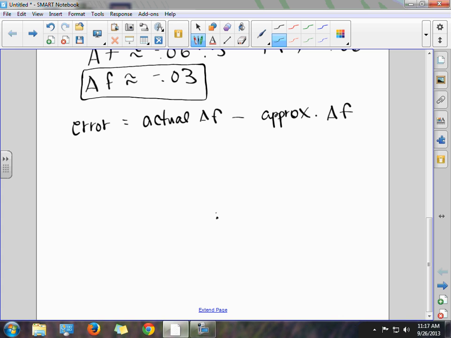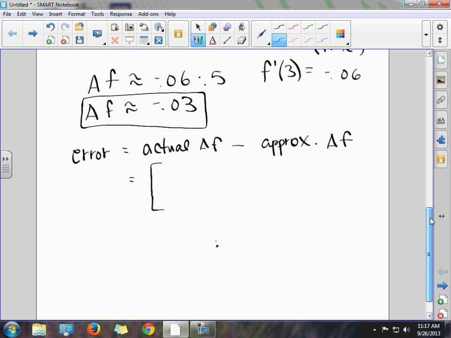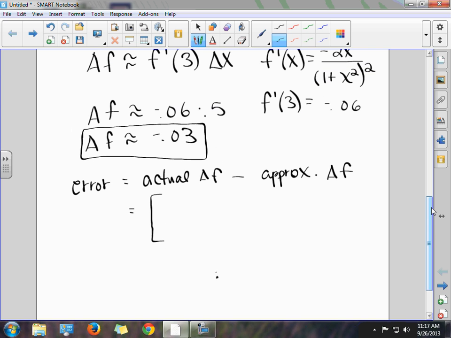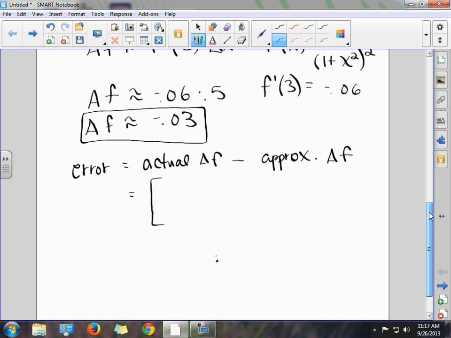I have a calculator, so I can calculate what delta f is going to be on that interval. That's just going to be f of 3.5 minus f of 3, because my delta f is just the change in f between x equal 3 and x equal 3.5.